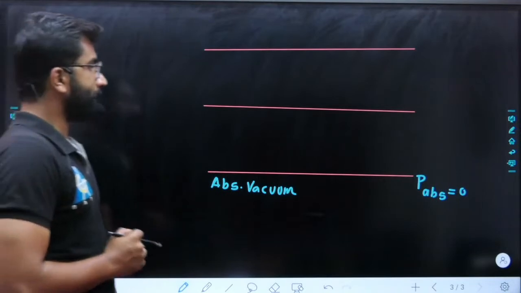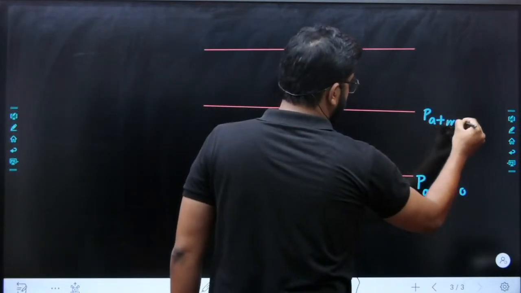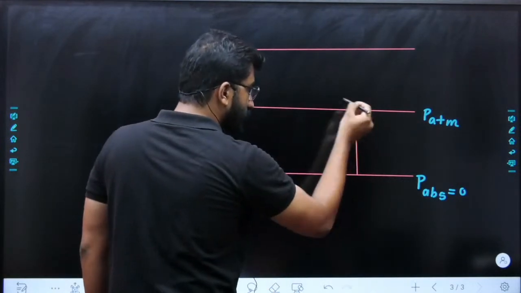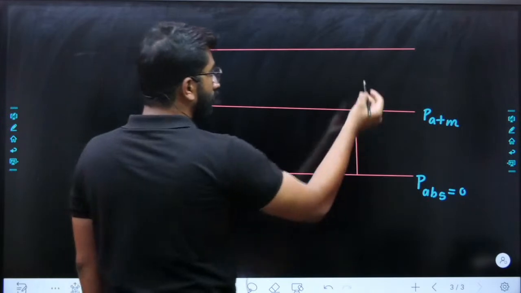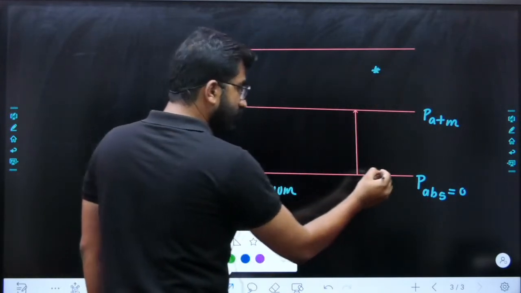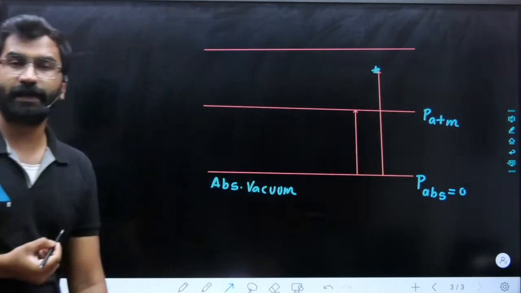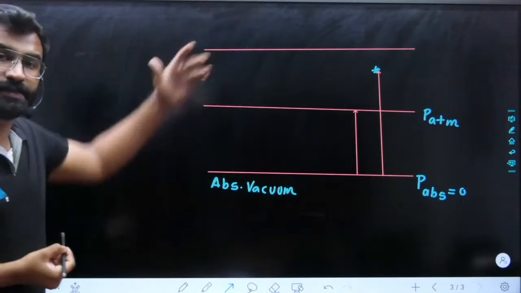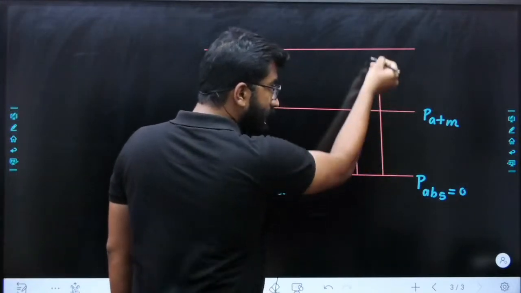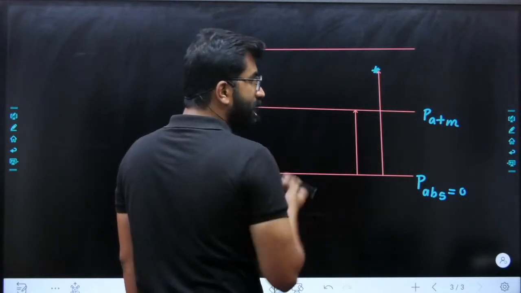Now, this distance is your PATM. Now, if I have a point here, the total distance from absolute vacuum is your absolute pressure. This total is your P absolute, where this part is your PATM.